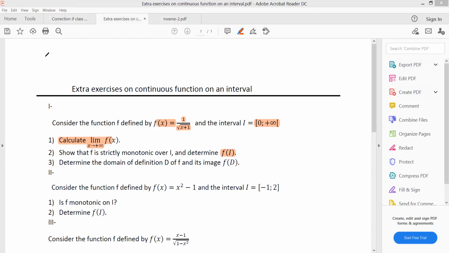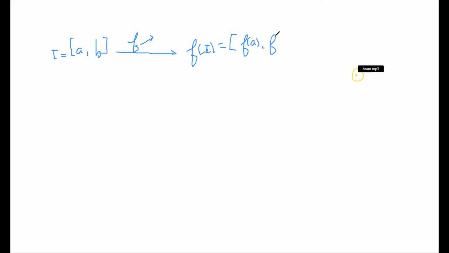We replace x by 0. To find the image of the interval we have three conditions, and pay attention to this in the exam. I equals the interval from a to b. If f is increasing, what is f of I? Simply we replace x by a and b and get f(a), f(b), and you pay attention to whether the interval is closed or open.